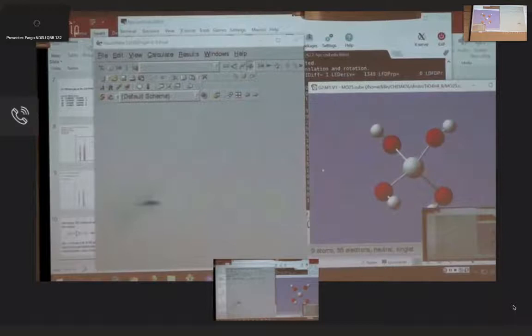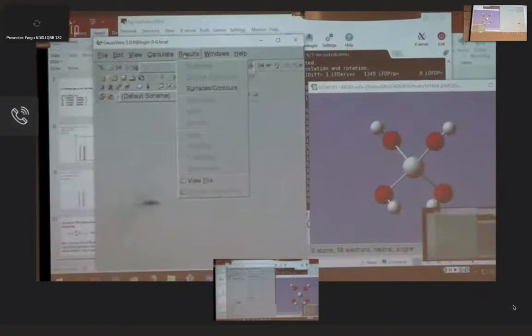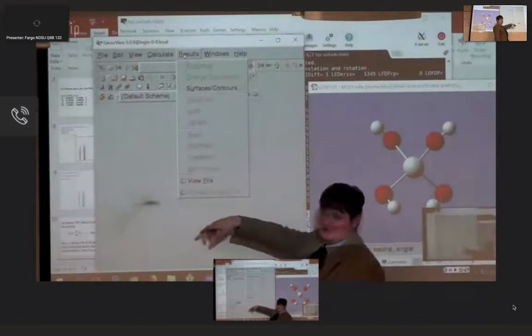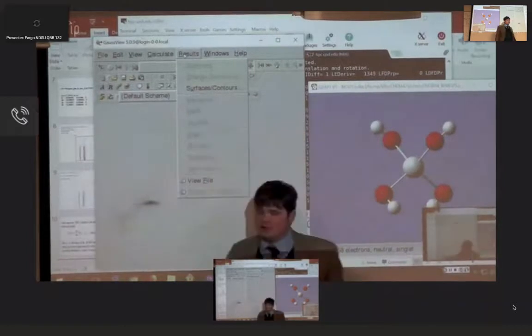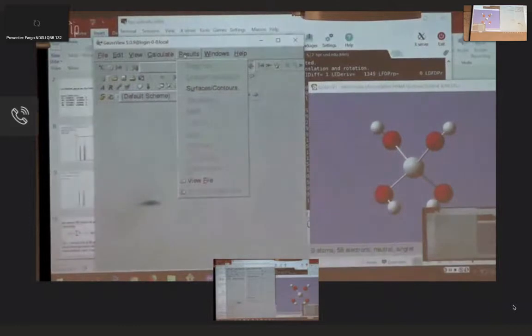Nothing is broken. It is normal because you just downloaded the file into your GUI. The next step: an orbital is in some sense a result, so you go to the menu Results and select Surfaces and Contours.